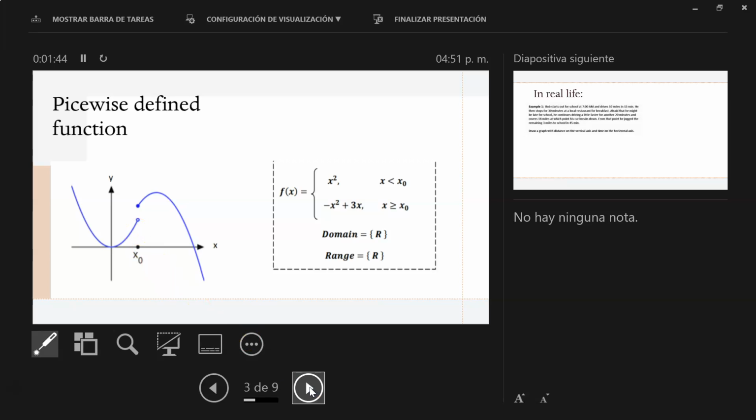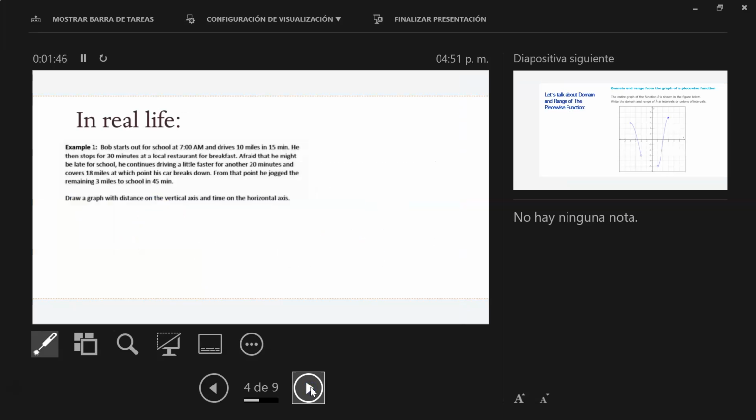Where do we use these functions, or how can we use this function in a real life situation? And this is an example of a real life situation. It says Bob starts out for school at 7 a.m. and drives 10 miles in 15 minutes.